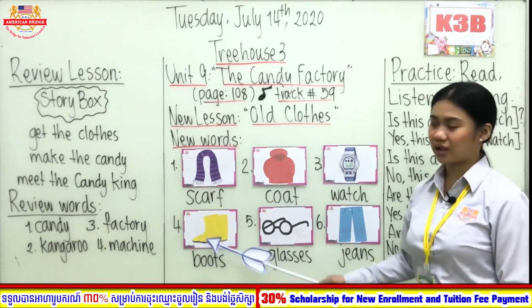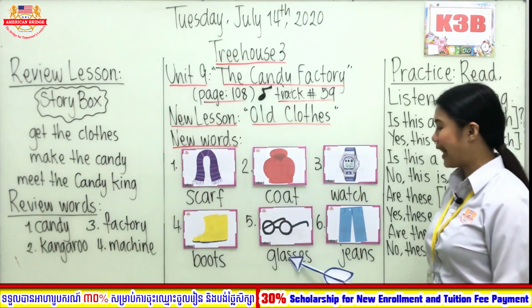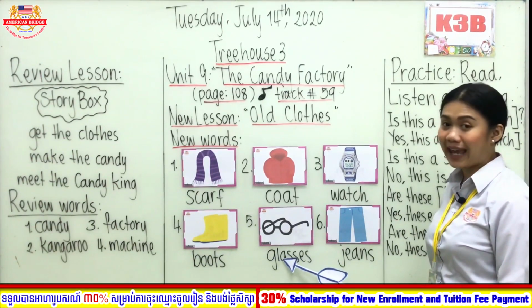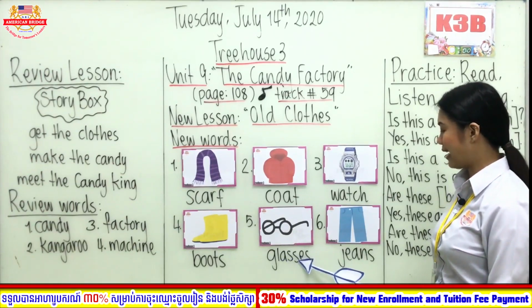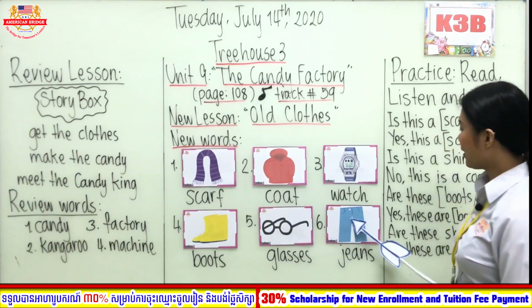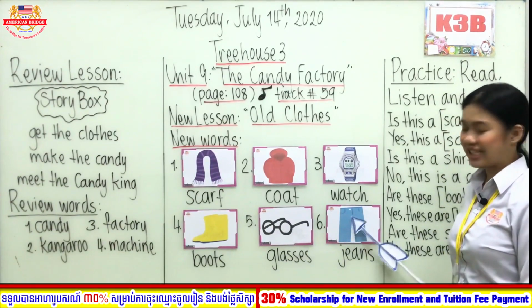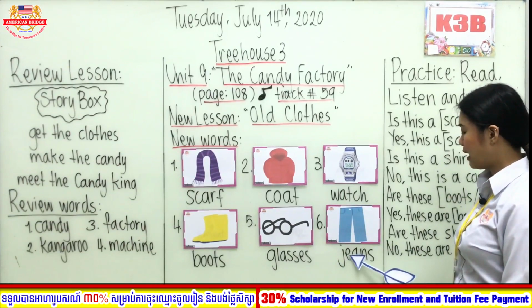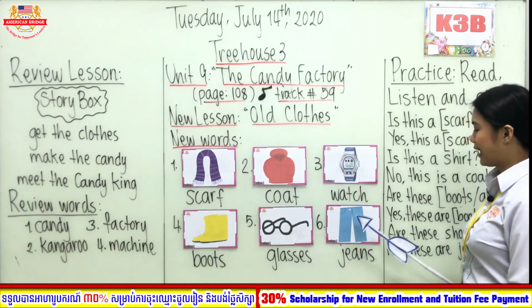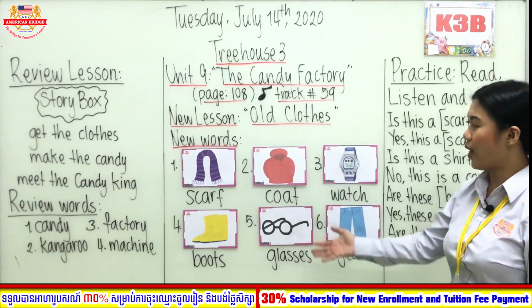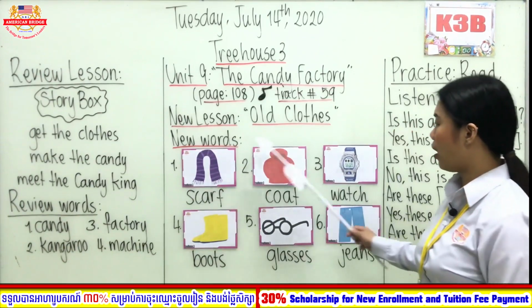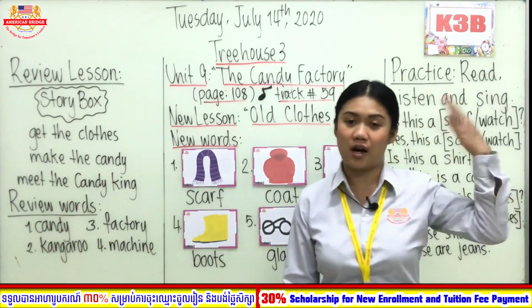B-O-O-T-S. Boots. Number 5, glasses. G-L-A-S-S-E-S. Glasses. And number 6 is jeans. J-E-A-N-S. Jeans.